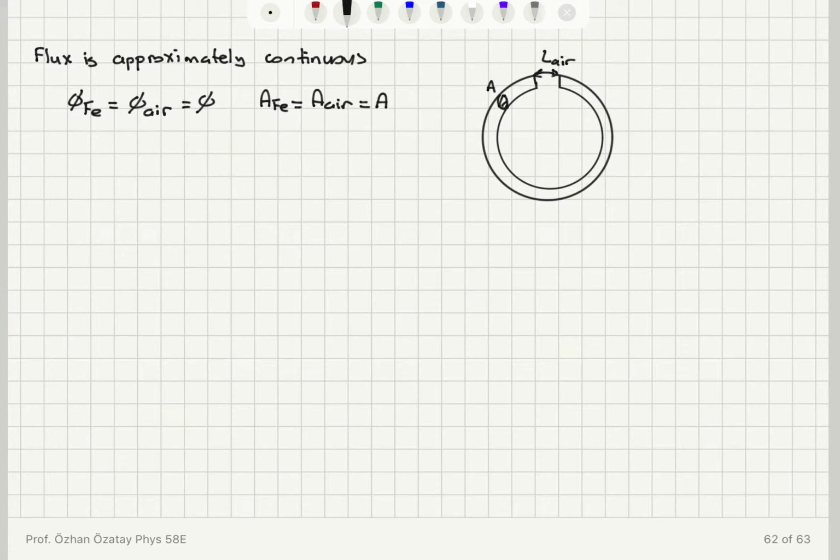Okay, so we can write our Ohm's law for magnetic circuits.